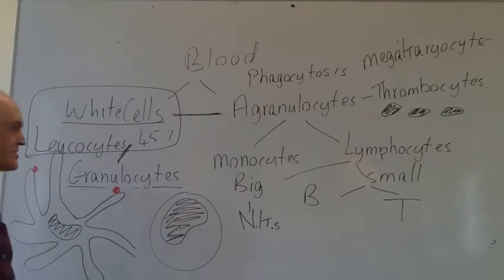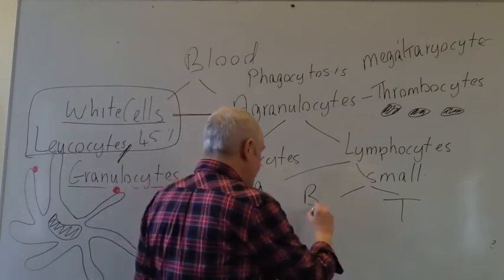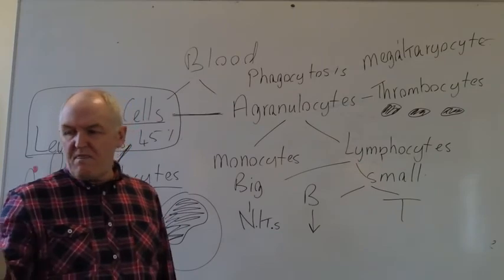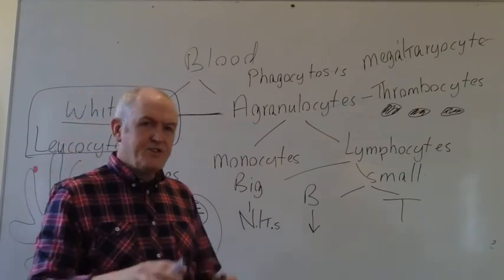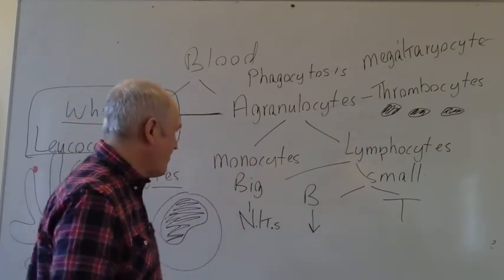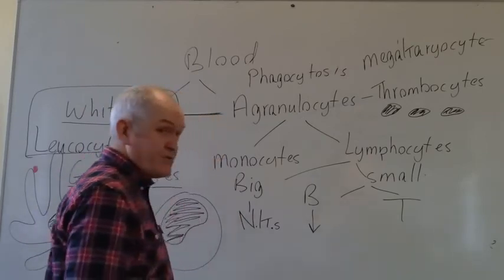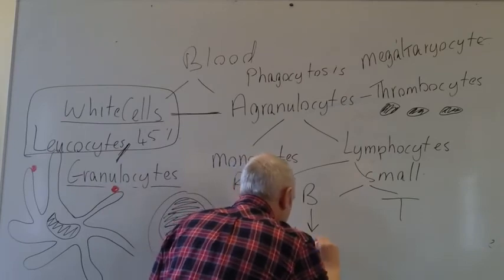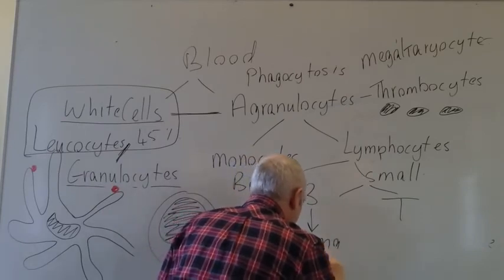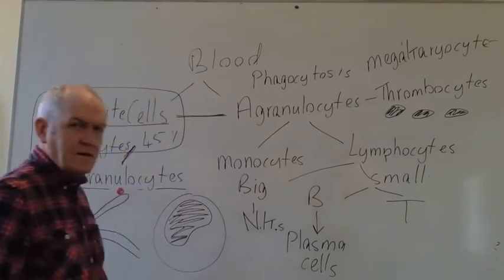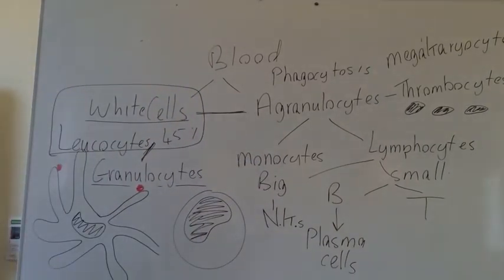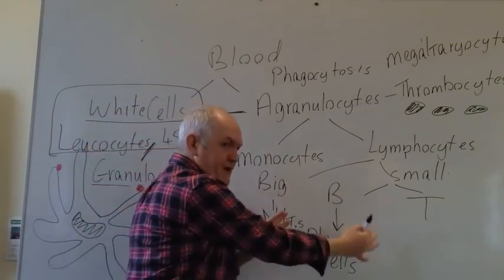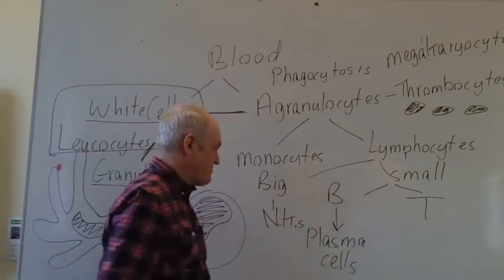Now the B cells are seriously useful because if there's an infection, the B cells divide thousands of times and produce masses of B-type cells that produce the antibodies. And these are called the plasma cells. So normally in the blood you're going to have B lymphocytes, but if there's an infection, these are going to proliferate and make huge amounts of plasma cells.